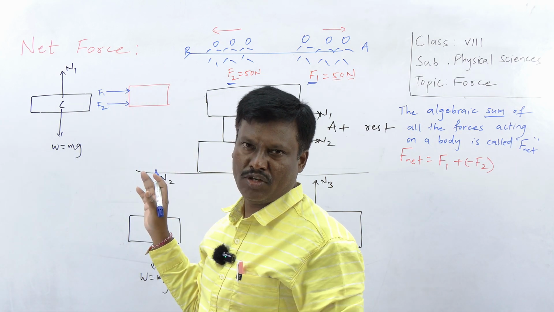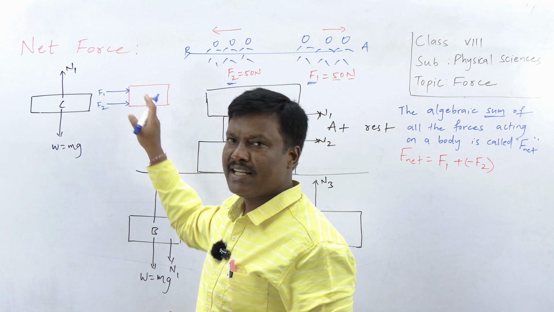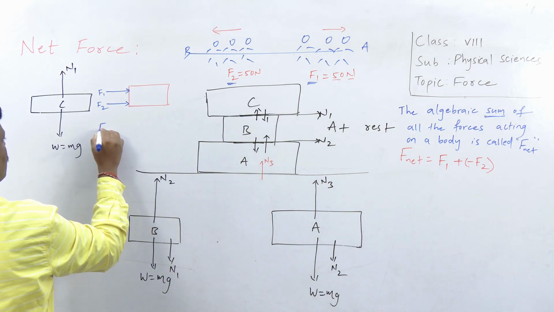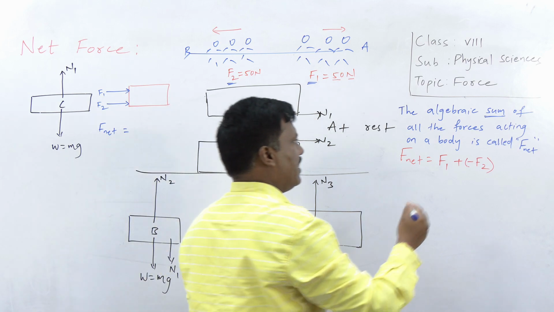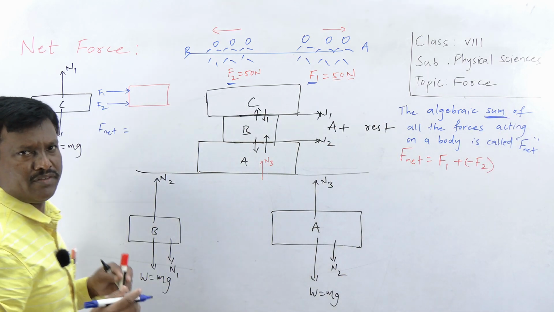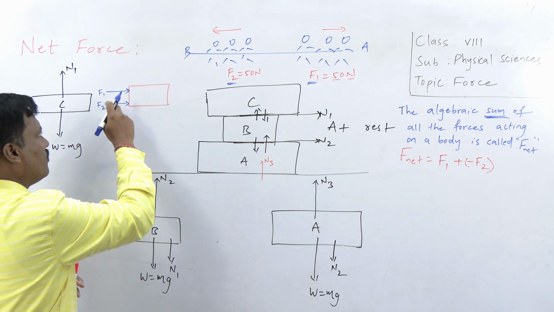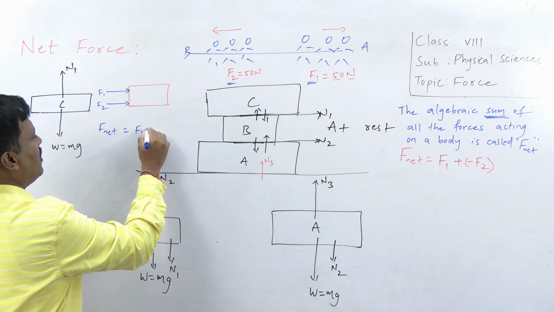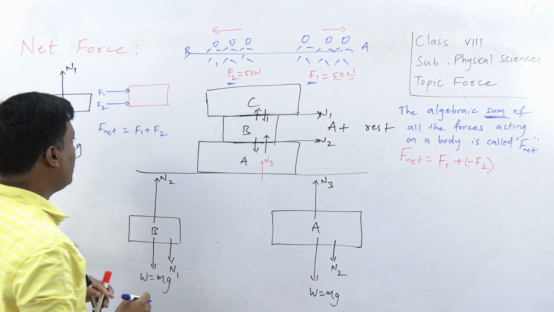Same direction. Okay. When two forces are acting on the block in the same direction, to find the net force, what is net force? It is the algebraic sum of all the forces acting on a body. We have to add all the forces. So two forces are acting on this block. So F1 plus F2. Okay.